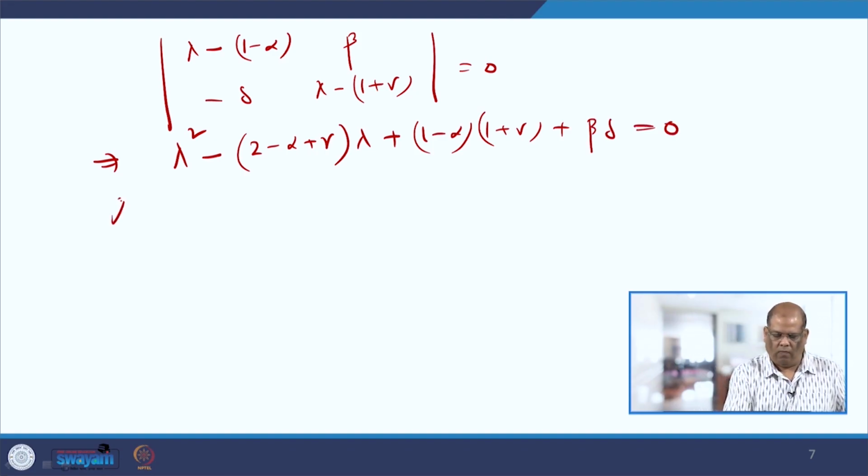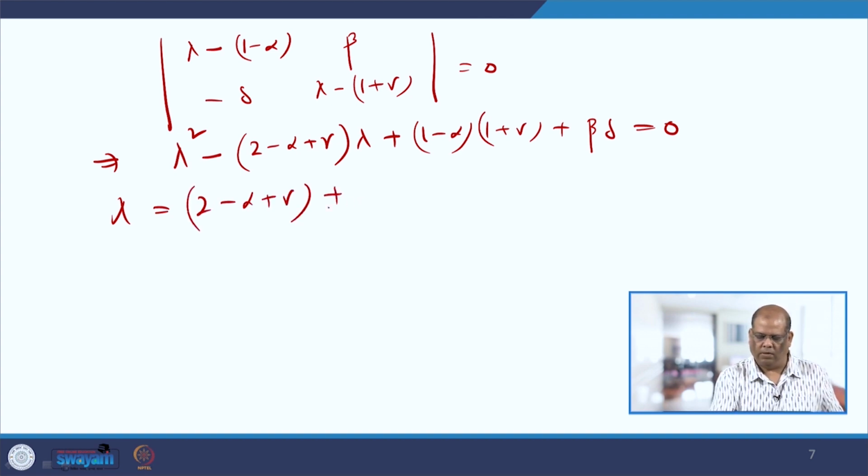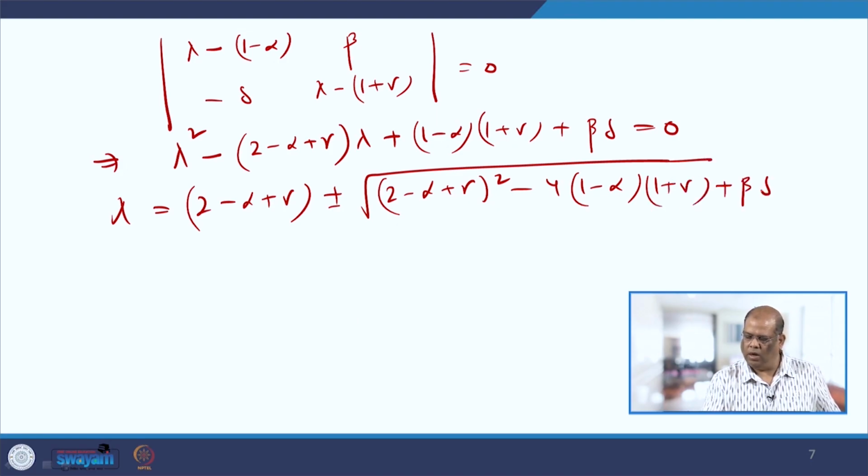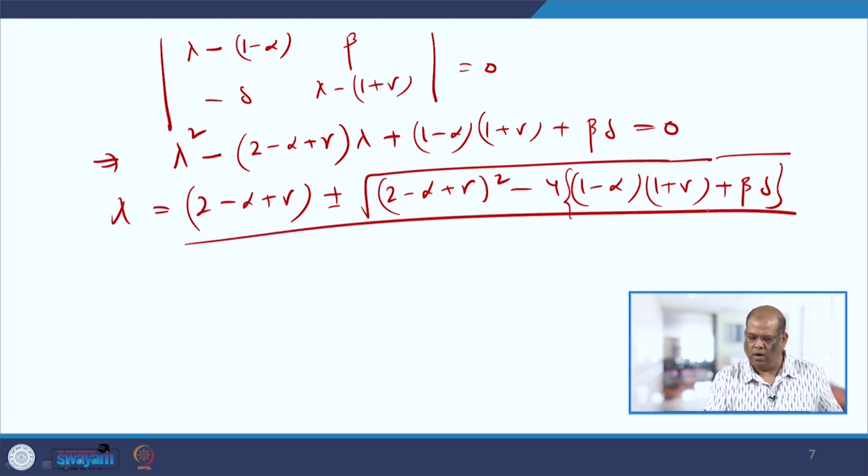So you solve: lambda equals (2 - alpha + gamma) plus or minus the square root of b squared, that is (2 - alpha + gamma) whole squared minus 4 times ((1 - alpha)(1 + gamma) + beta delta), divided by 2.